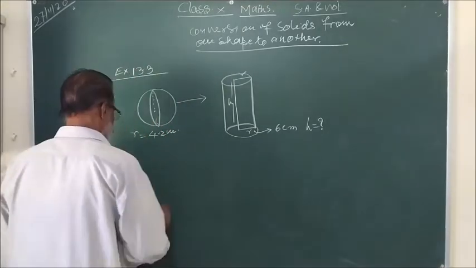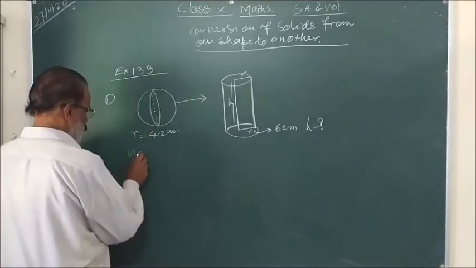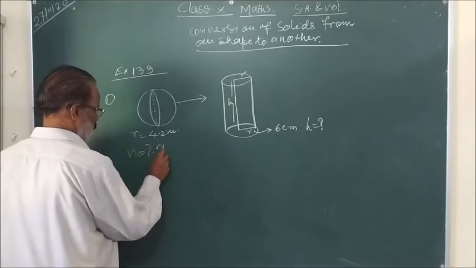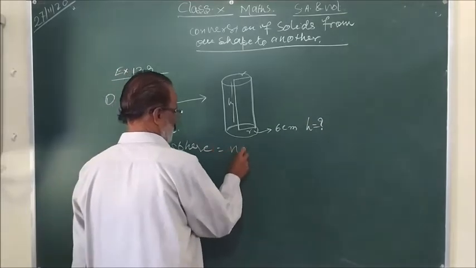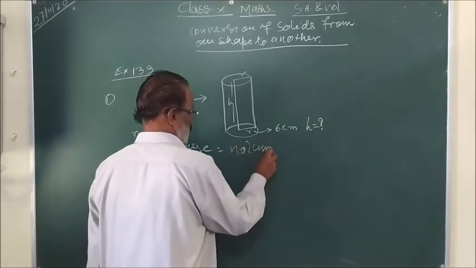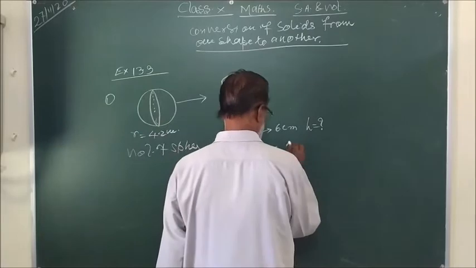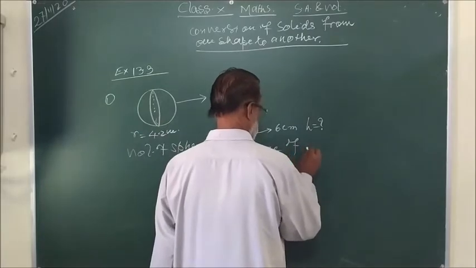As I have told you, the volume of the sphere is equal to the volume of the cylinder, because we are changing a sphere into a cylinder. This is the important part of this question.